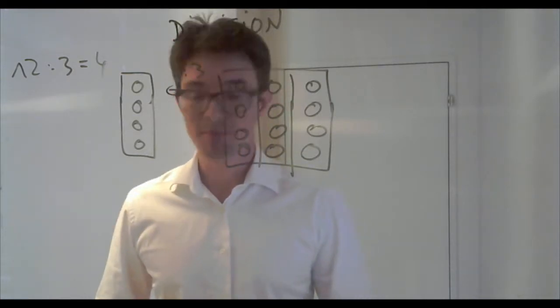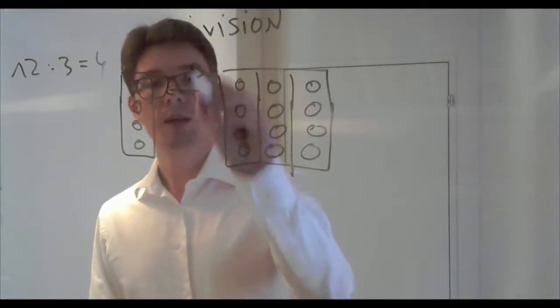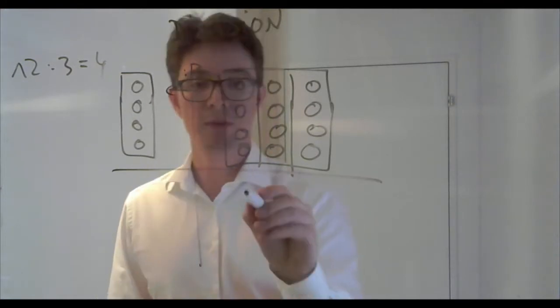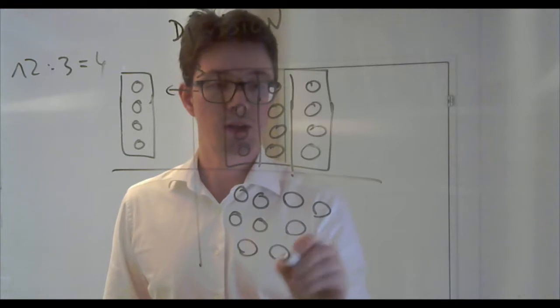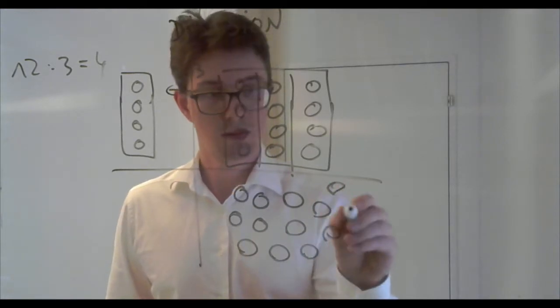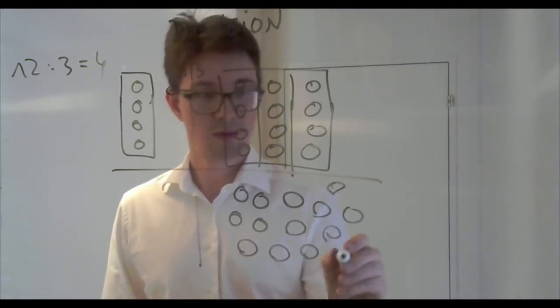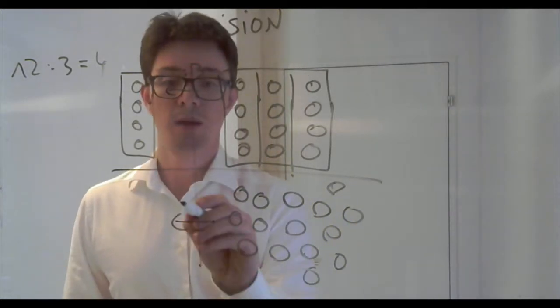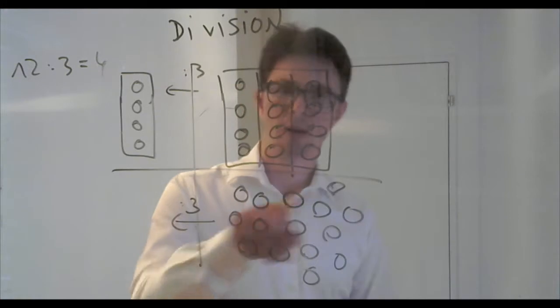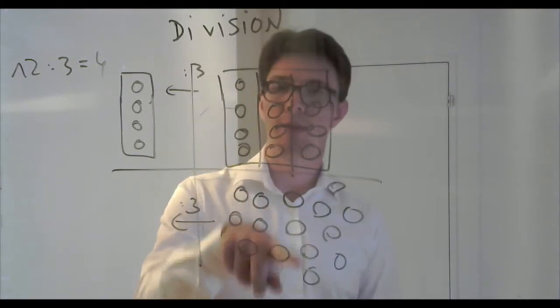Quite easy. Now, what happens if we have a very irregular arrangement of dots? So we are given the dots maybe like this, and we also want to divide them by 3, and it's not really obvious what kind of rectangular array they should be.